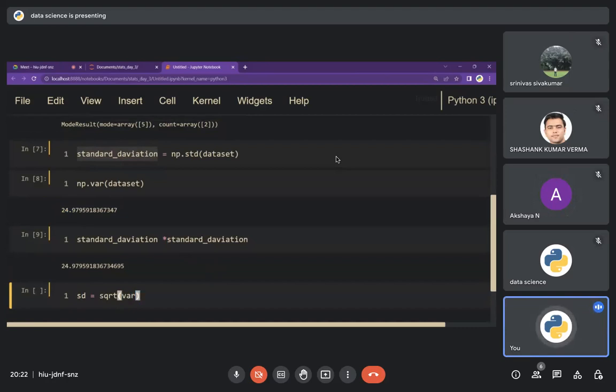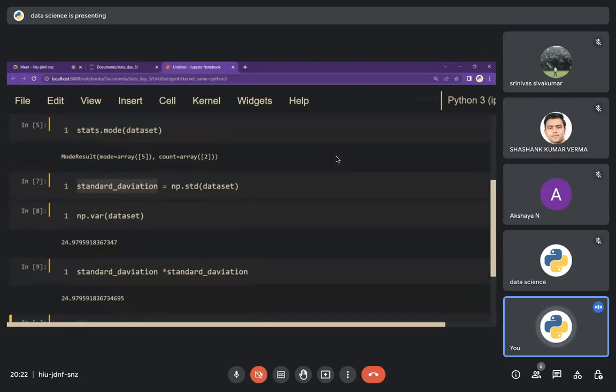So if I have to calculate the variance, I have to square the standard deviation, and then only can the variance be calculated. So what I did here is standard deviation multiplied by standard deviation, and we are getting the variance. Does it make sense? Yes, sir.